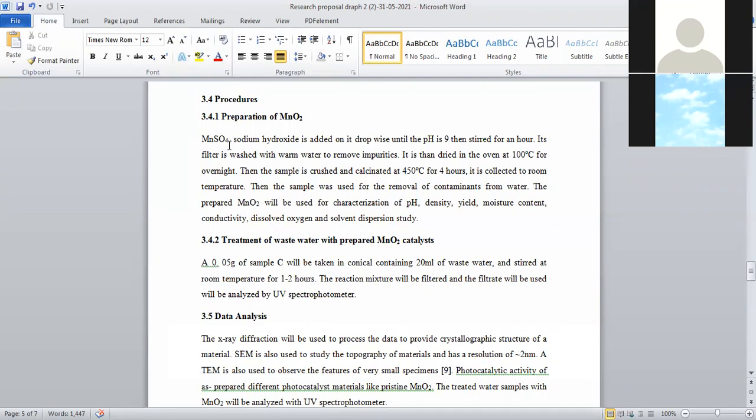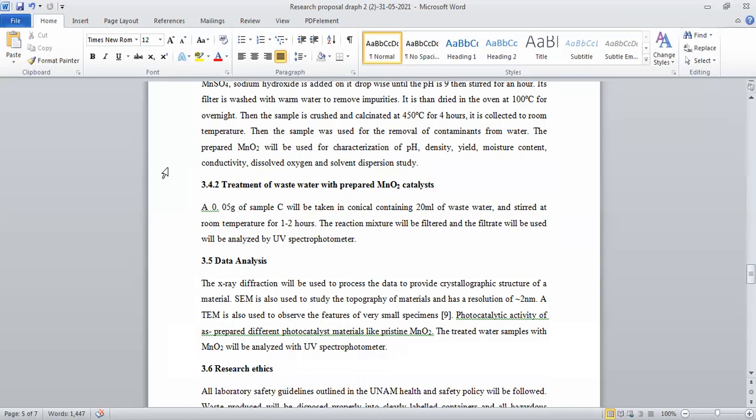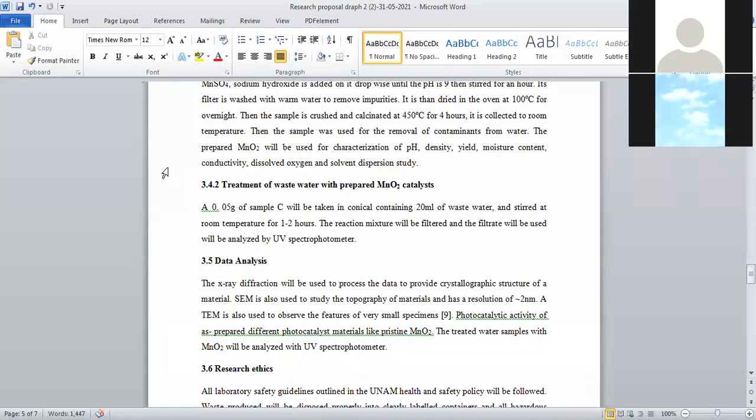Then comes data analysis: with which instrument do you want to evaluate this extracted molecule, right? Suppose NMR you want to use, proton NMR, okay? Then C13 NMR, then IR, infrared spectroscopy, okay? So all this you have to write in data analysis, okay?